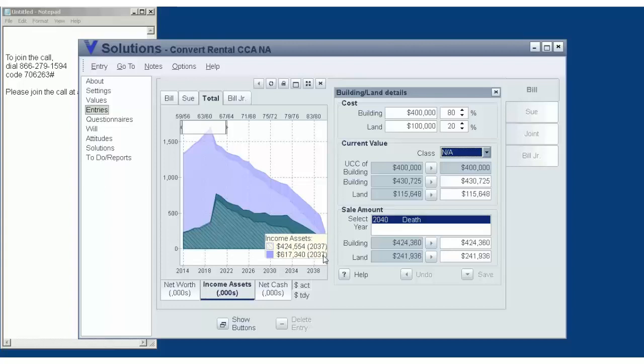And we can actually see in this case that by not making a CCA claim, even though we have more tax to pay in the short term, in the long term, we actually end up accumulating more. Any questions about that?